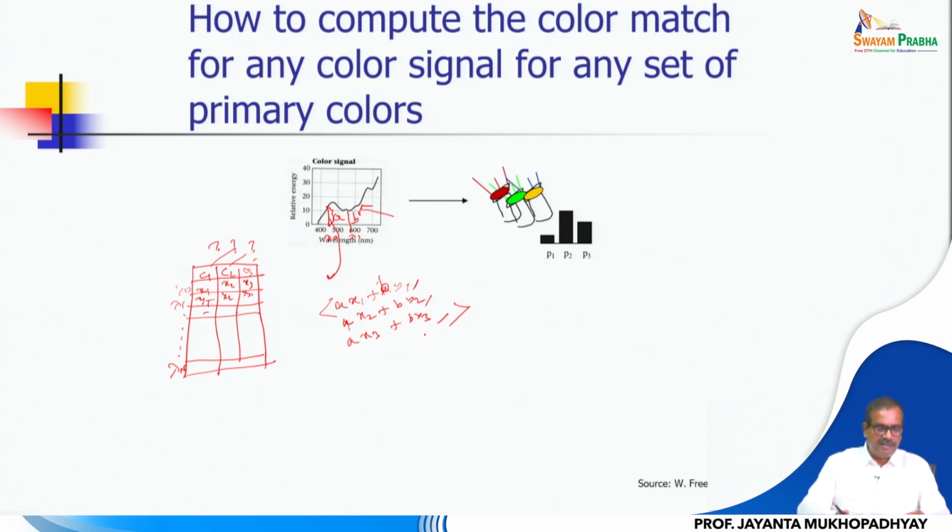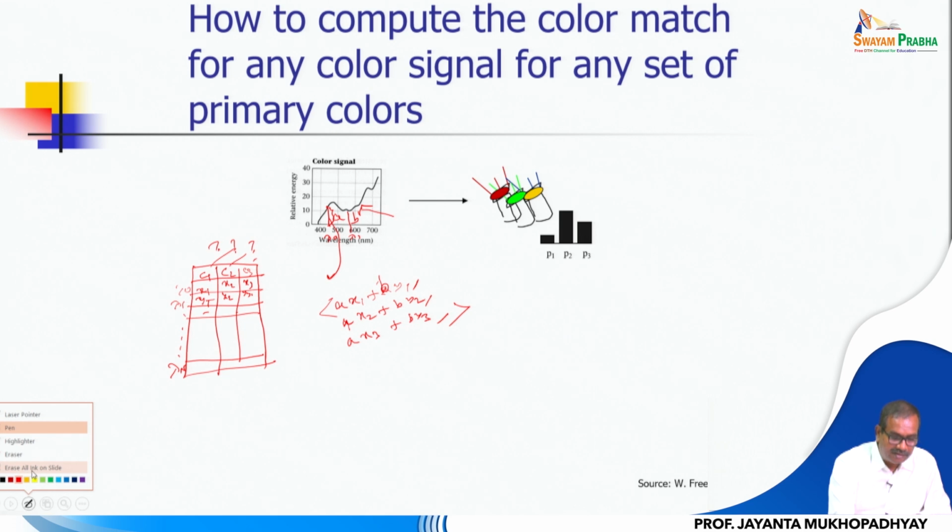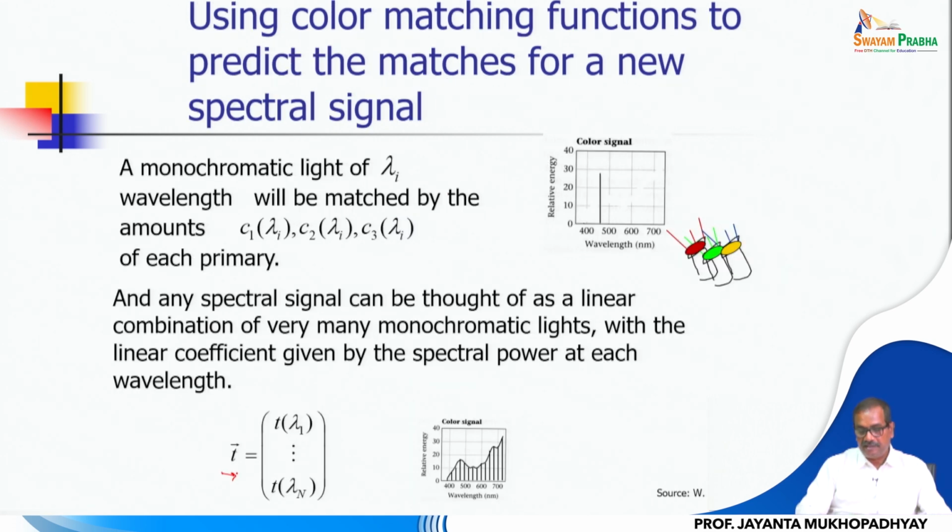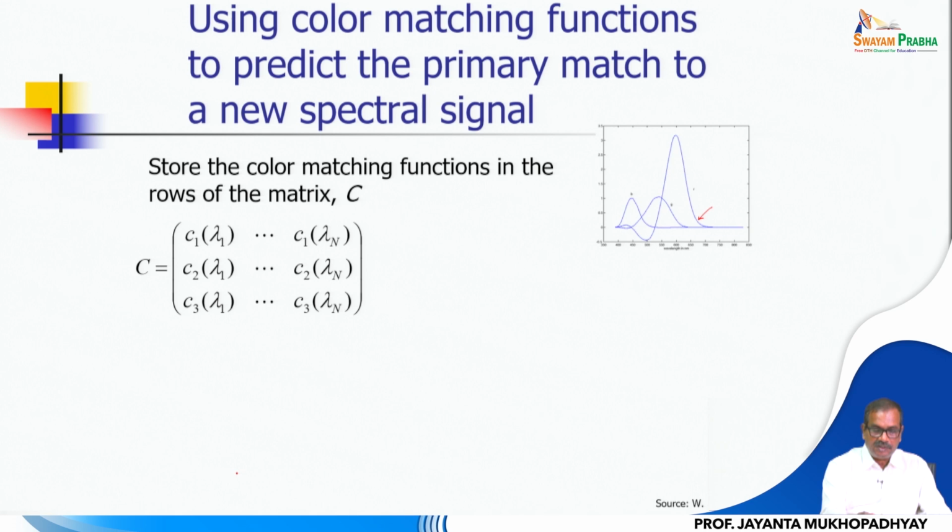Now this can be conveniently represented in the form of a matrix. C is that color matching function, and you can see that this column represents the response for lambda 1 wavelength, the response it gets into three primary channels, C1, C2, C3.